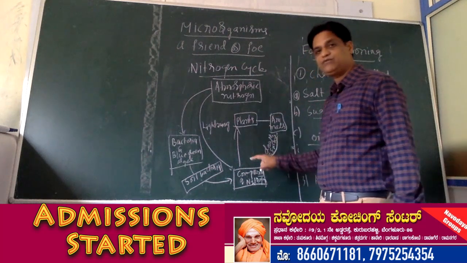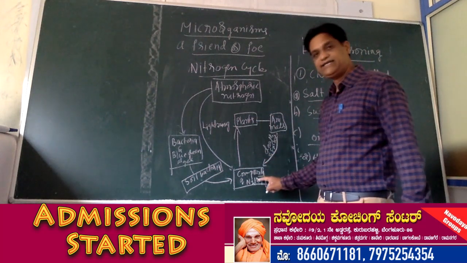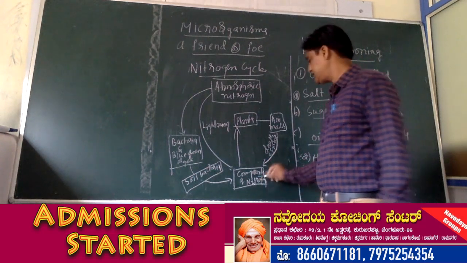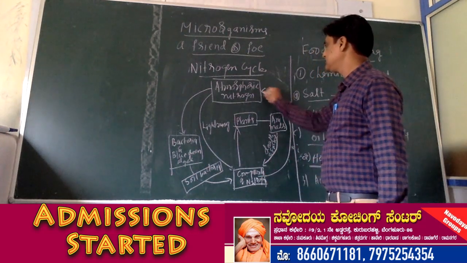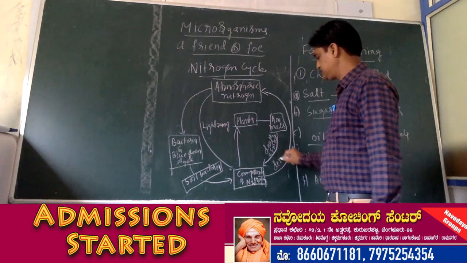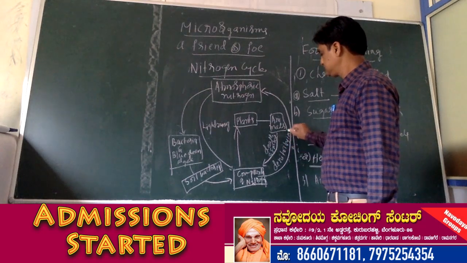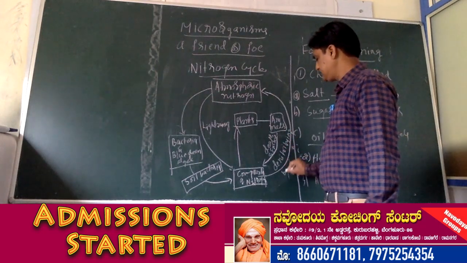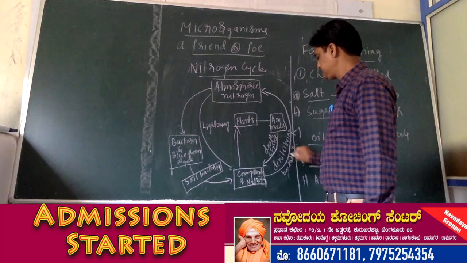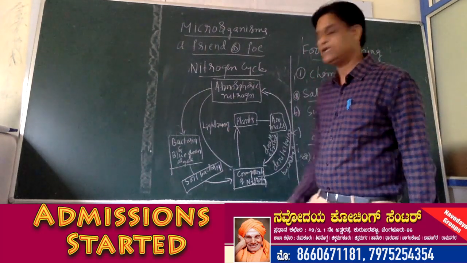So this is how the movement of nitrogen takes place, and whatever the excess of nitrogen which is present in the soil goes back to the atmosphere by the action of denitrifying bacteria. So nitrogen fixing bacteria, denitrifying bacteria.